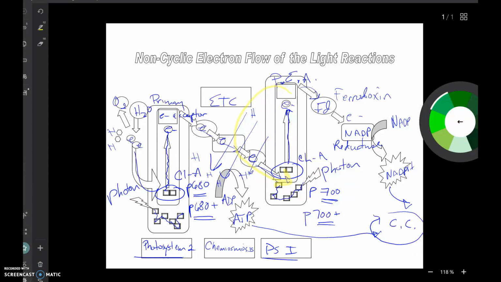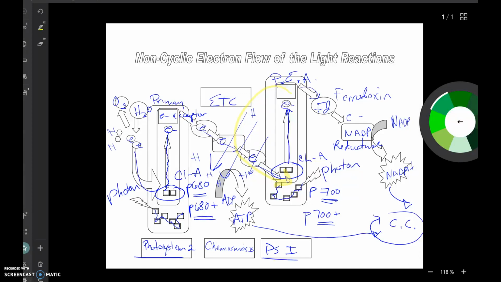If you have cyclic flow, what's actually happening is that Ferredoxin, instead of delivering electrons over here to the NADP reductase, like we see in this overall linear pathway, cyclic is only going to focus on this portion right here.